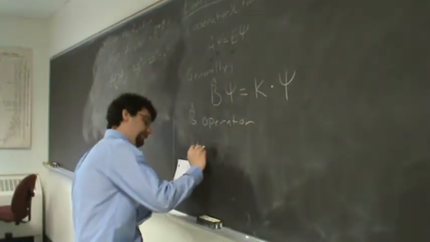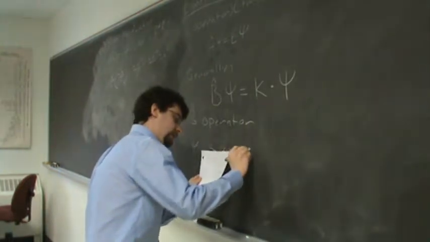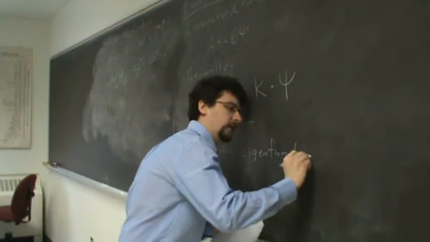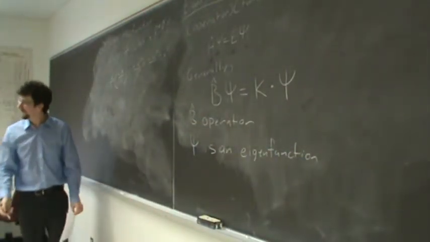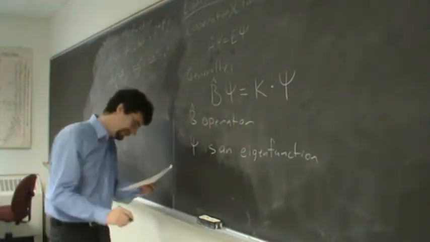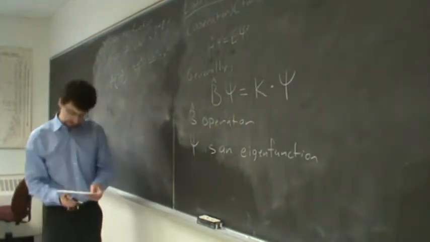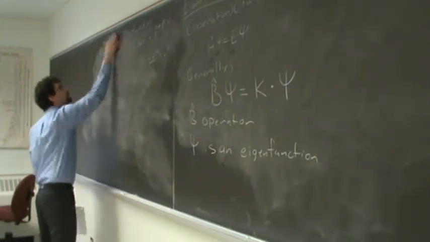So an eigenfunction. I have no idea why they picked the German part first and the English part second. And then we have k. k is just a constant, right? Okay, so let's look at an example of this.